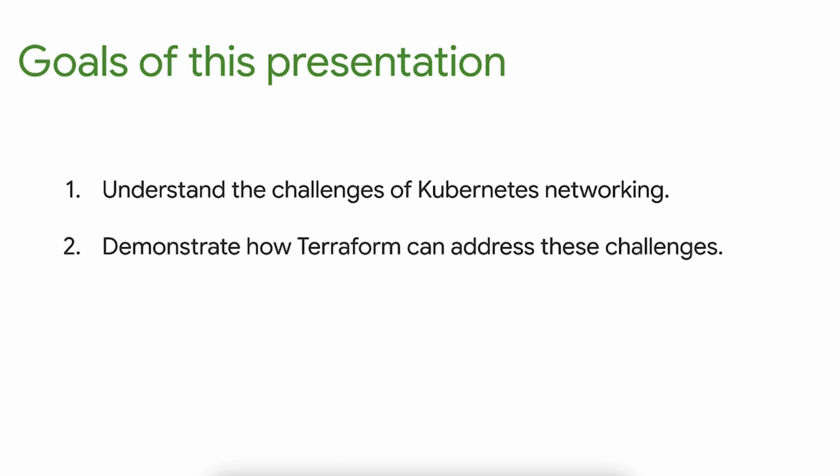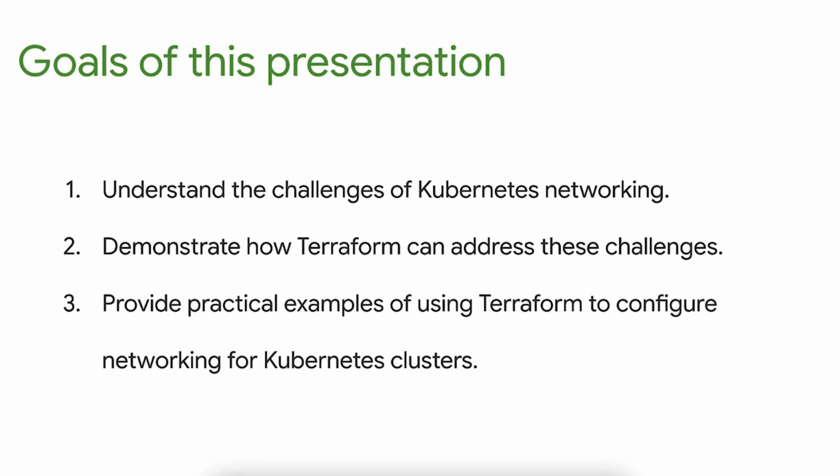Second, demonstrate how Terraform can address these challenges. I'll show you how Terraform is a powerful way to manage infra as code, allowing for automatic and consistent networking configuration. And third, provide practical examples of using Terraform to configure networking for a Kubernetes cluster.